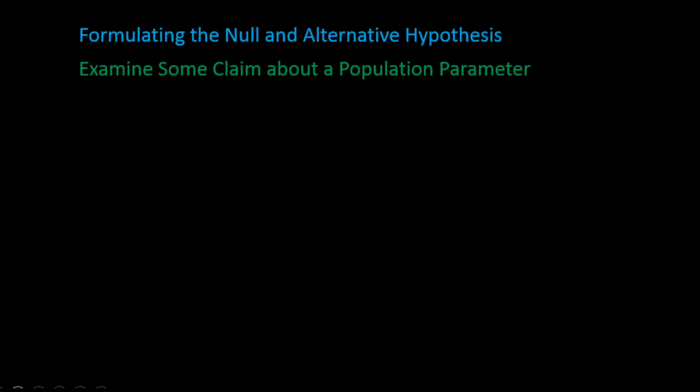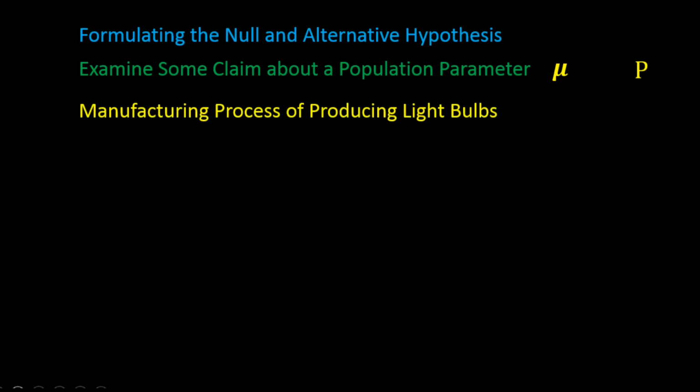Now let's see how we would go about formulating the null and alternative hypothesis. We usually begin by looking at some claim or assertion about a population parameter. This is usually mu, the population mean, or p, the population proportion. So for example, we might say that if the manufacturing process is working properly, the mean number of hours the light bulb burns is 1,050 hours and no corrective action is necessary.